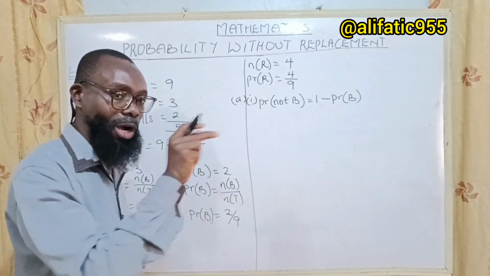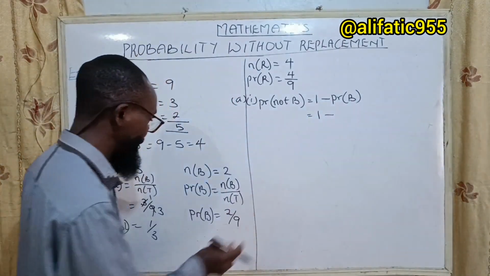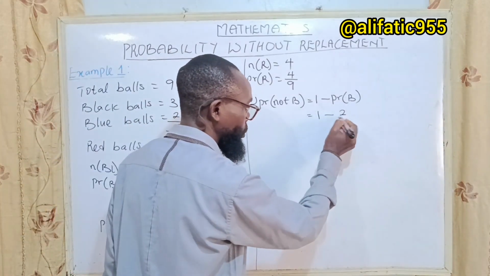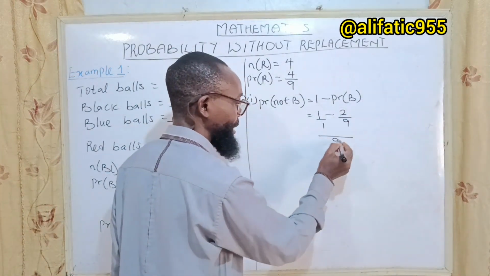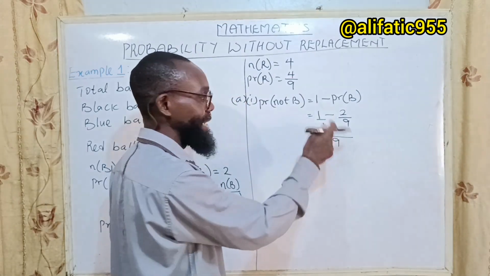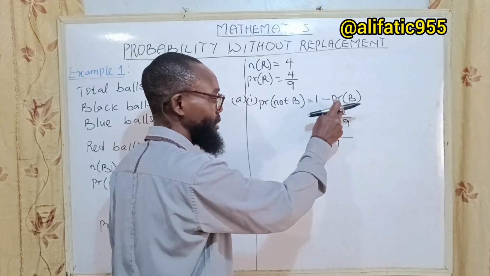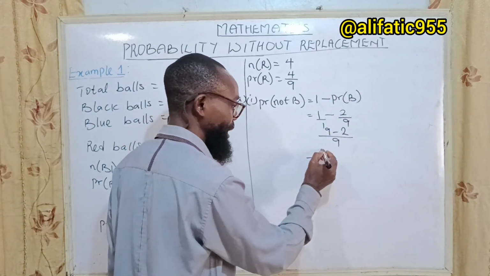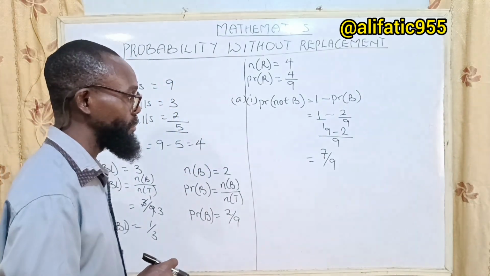That is 1 minus our blue here, 2 over 9. Let's say 1 over 1 here as well. The LCM is 9. 1 goes in 9, we have 9. 9 times 1, 9, minus. 9 goes in 9, we have 1. 1 times 2, we have 2. So 9 minus 2, we have 7 over 9. This is the probability of not blue.